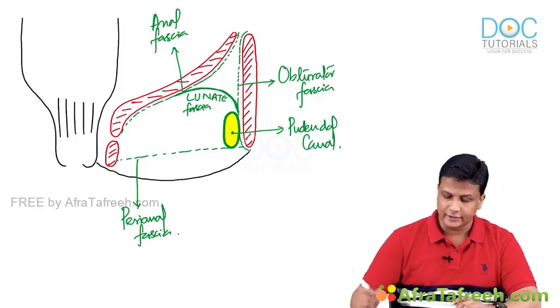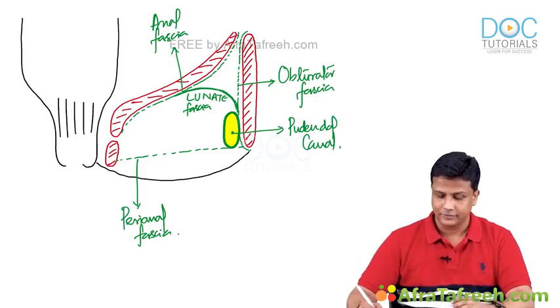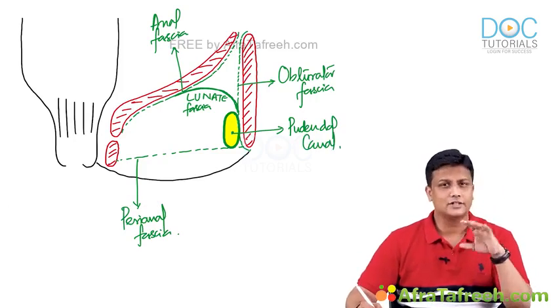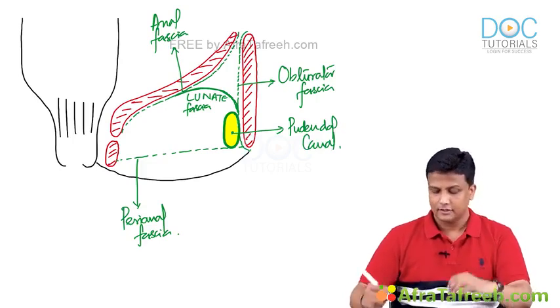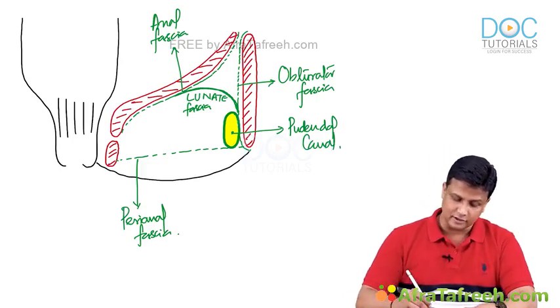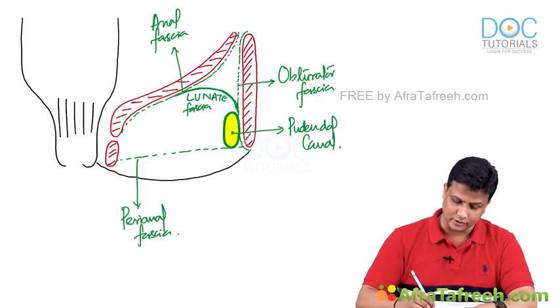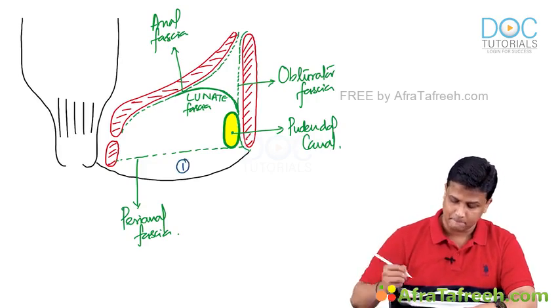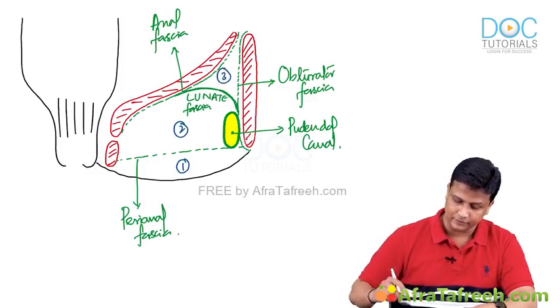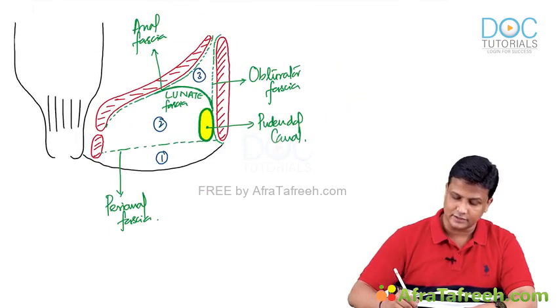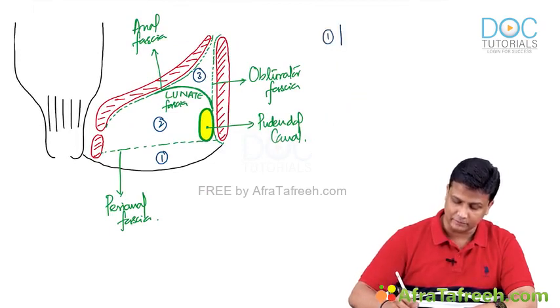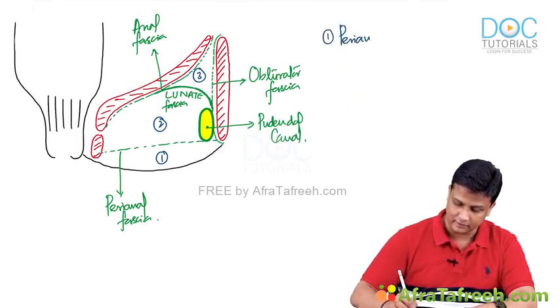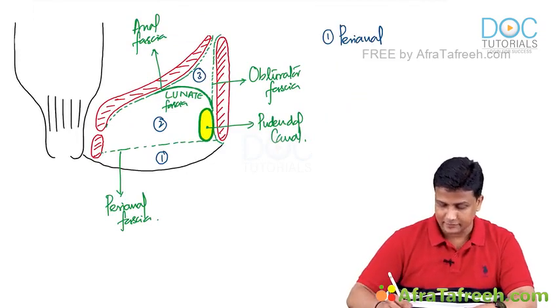Now, one last and final thing to learn here, guys. Once you have learned about all this fascia crystal clearly, because of all this fascia, this entire region is divided into three parts over here. Number 1 here, number 2 here, and number 3 here. Now, what will be the names of these three parts? Number 1 is known as the perianal space.